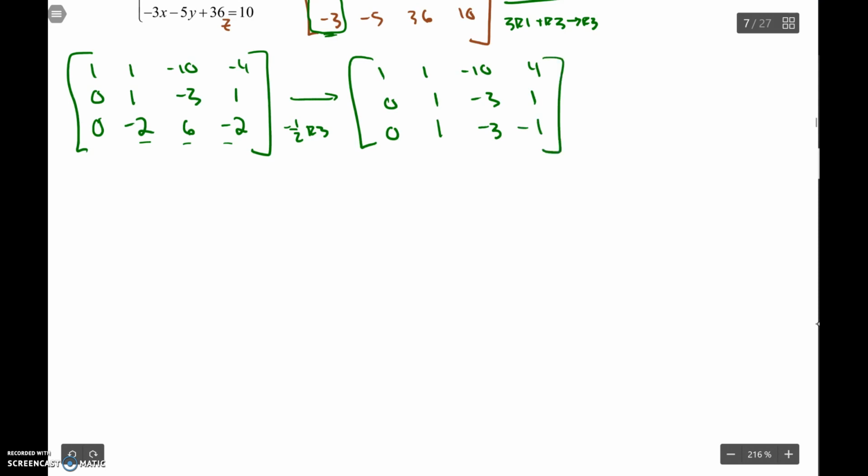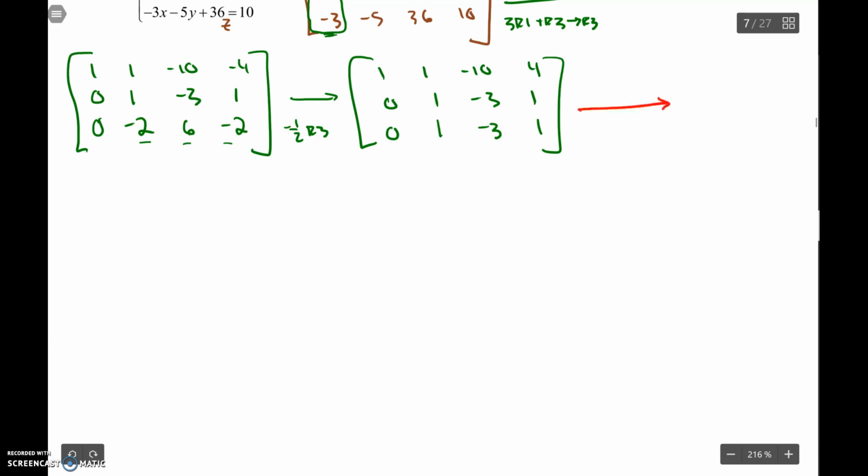You might see this and kind of suspect that something's going on here. And you would be right. Actually, negative 1/2 times a negative 2 is a positive 1. So those last two equations are exactly the same.